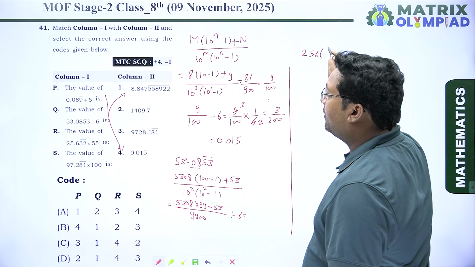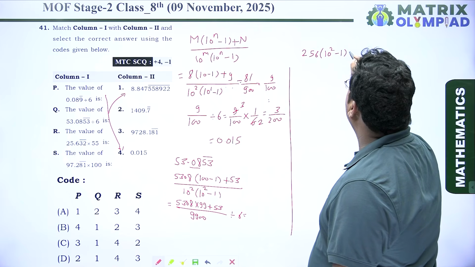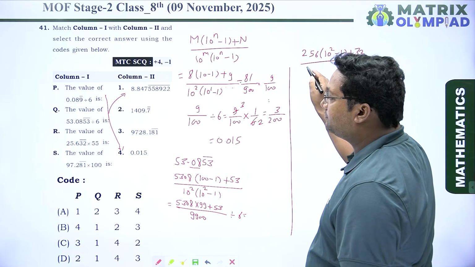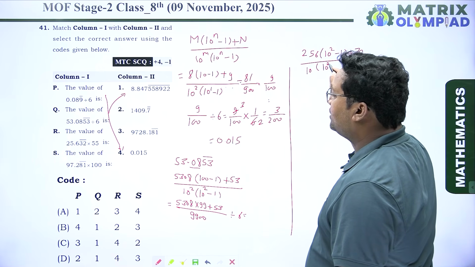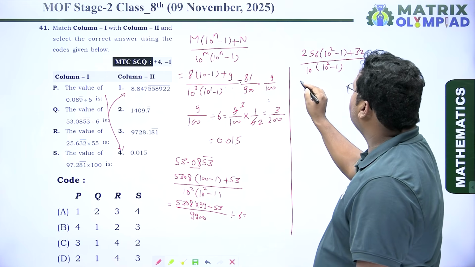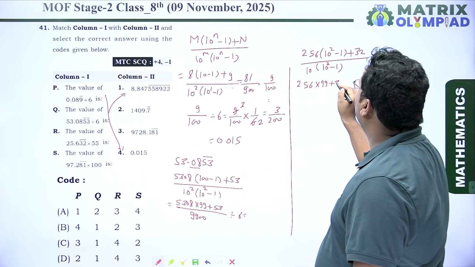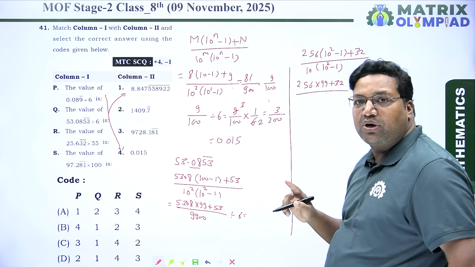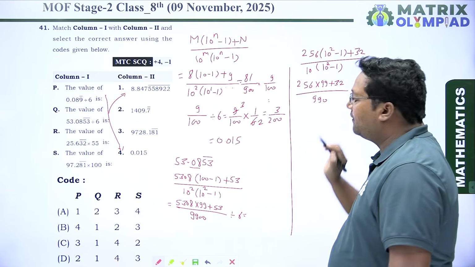25, 256 into 10 square minus 1 plus 32 upon 10 into 10 square minus 1. So this number is 256 into 99 plus 32 upon 10 into 10 square minus 1. 10 square minus 1 is 99, 99 into 10 is 990.